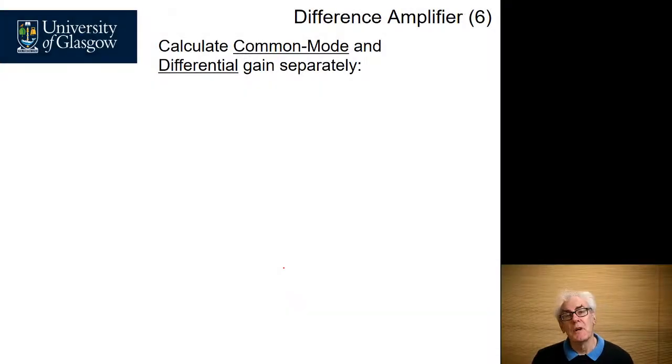Now we want to calculate two different sets of analyses. We want to calculate the common mode gain, and we also want to calculate the differential gain. We want to do these two things separately so we can compare the impact of each on the final result of the circuit.